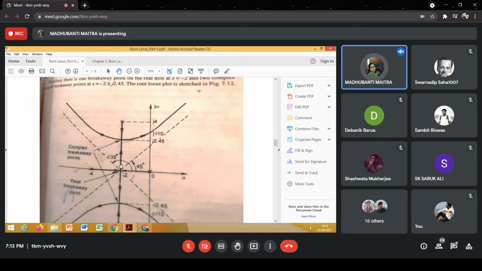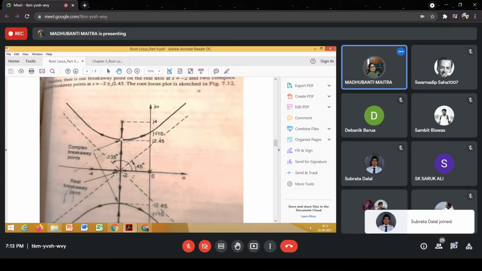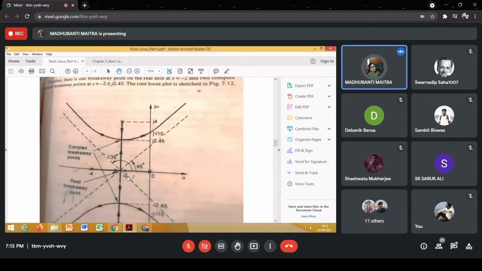Now one complex root branch is moving in this particular direction, and this root branch, which originated from this open loop pole, is now moving in this direction. So at a particular point, at this complex point, the location of which is at s equal to minus 2 plus j 2.45, these two root branches will again meet.